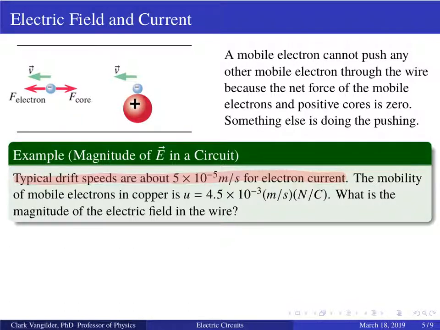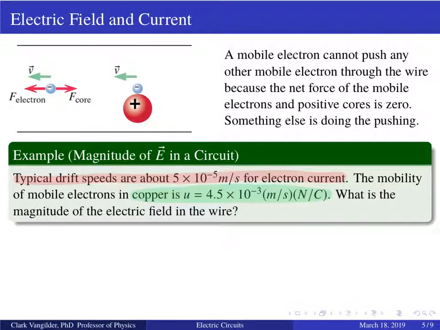Now, here is a factoid. The mobility in copper is this other number. So what's the magnitude of the electric field in a copper wire, which has a particular electron mobility based on its material structure?